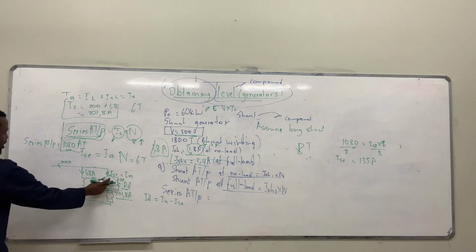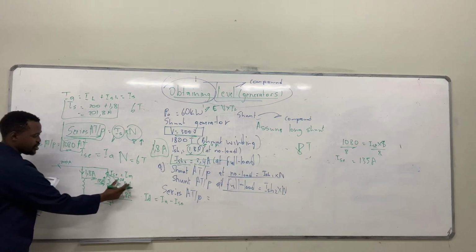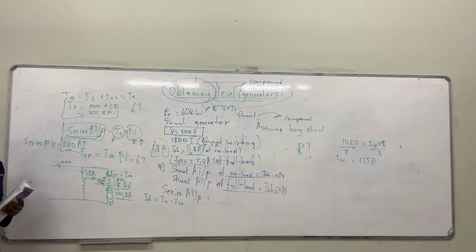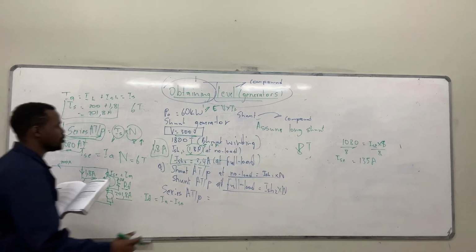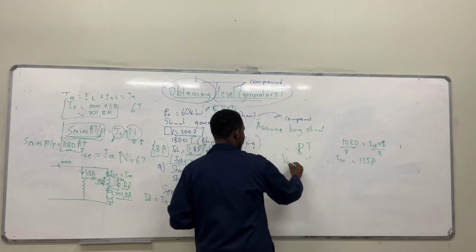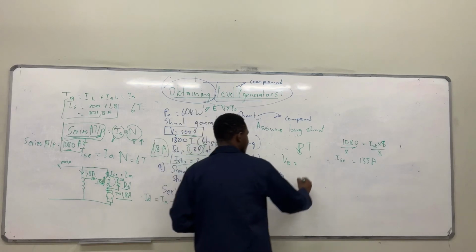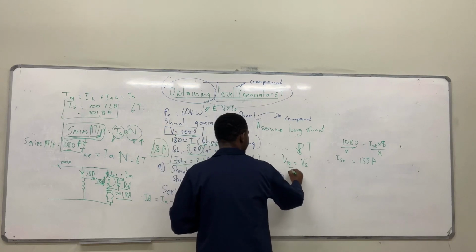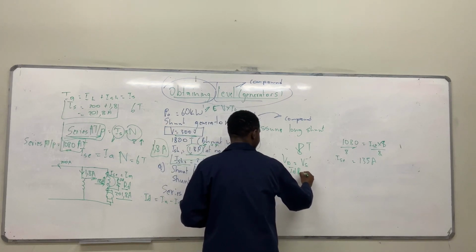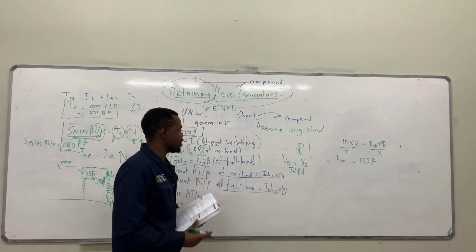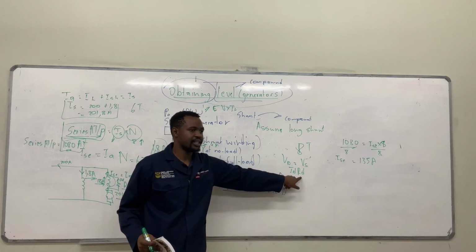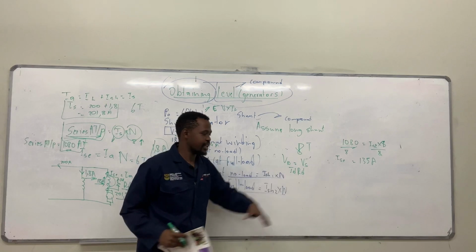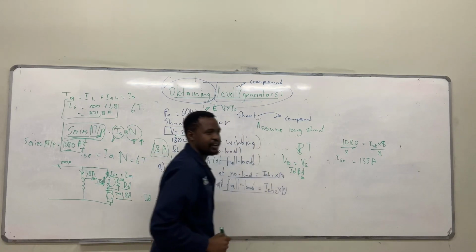The voltage across the field winding is equal to the voltage across the diverter resistor, because they are in parallel. So the voltage across the diverter resistor that you added is equal to the voltage across the series field winding. Hence ID times RD, which is the current of the diverter times the resistance of the diverter, is what we want.